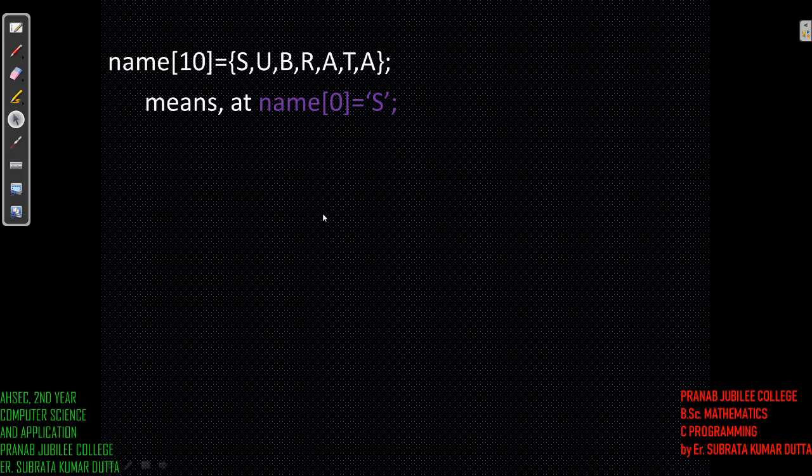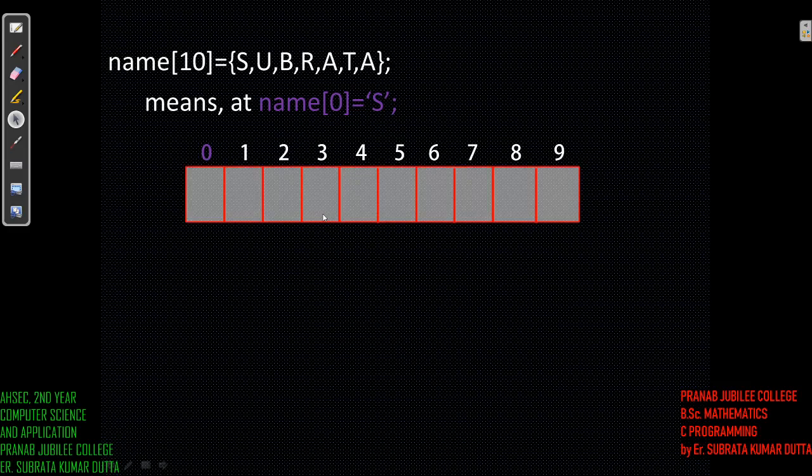In the 0th position or 0th index of the array. The array is name, so in the 0th index of the array name, the element S will enter. So S enters in the 0th element.